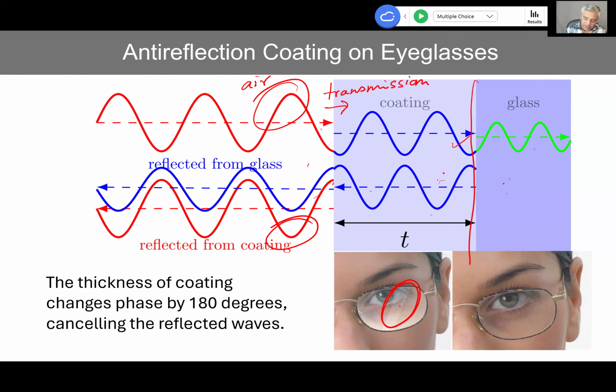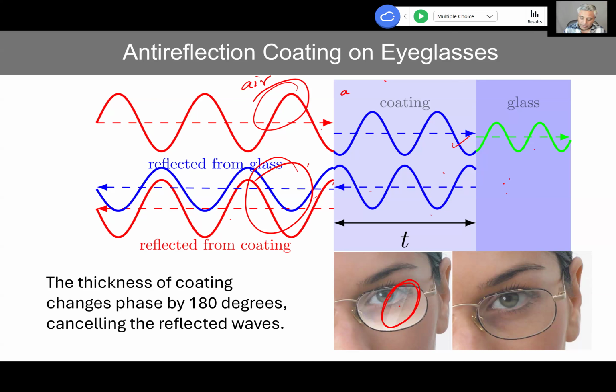And now it does not change phase when it's coming out. So they now have the same phase. That means if we don't adjust the coating to invert the phase, they would be constructively interfering and would be even worse.